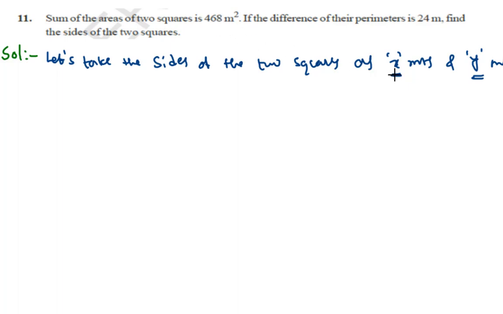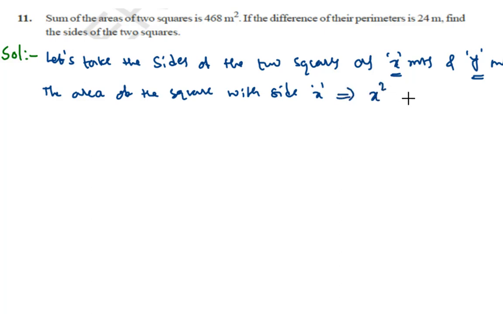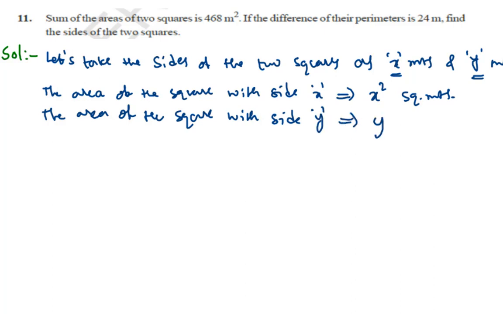So according to the problem, we have the sum of the areas of these two squares as 468 meter square. The area of the square with x meters is x square, since the formula for area of square is side square. So the area of the square with the side x is x square square meters, and the area of the square with the side y meters will be y square square meters.